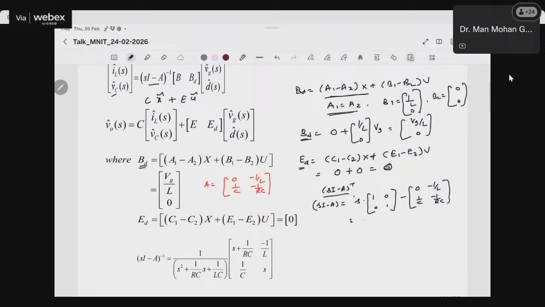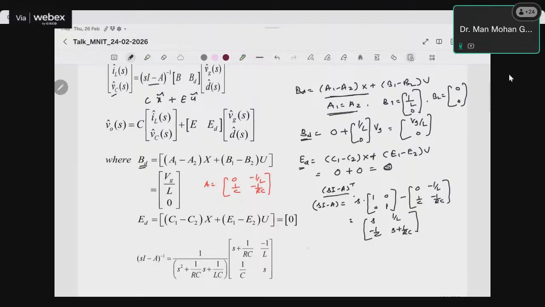So this is S into 1 is S, S into 0 is 0. So this is 1 upon L, then 0, minus 1 upon C, S plus 1 upon RC, right? So this is SI minus A.